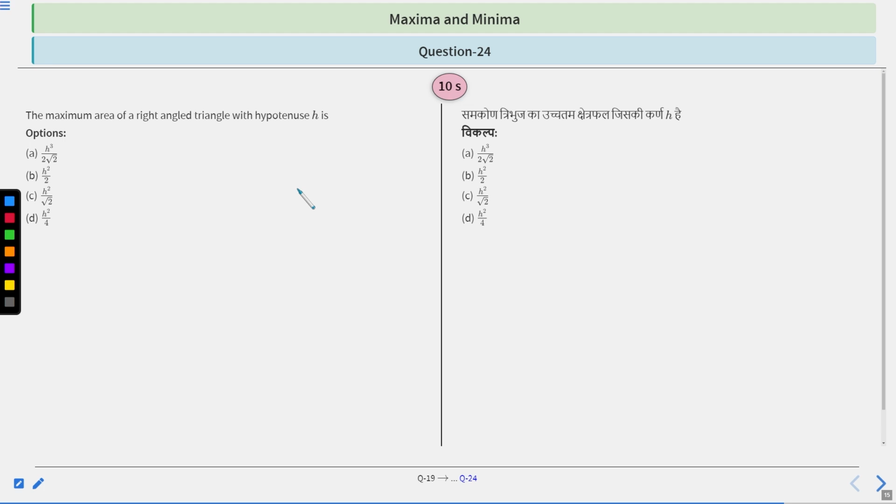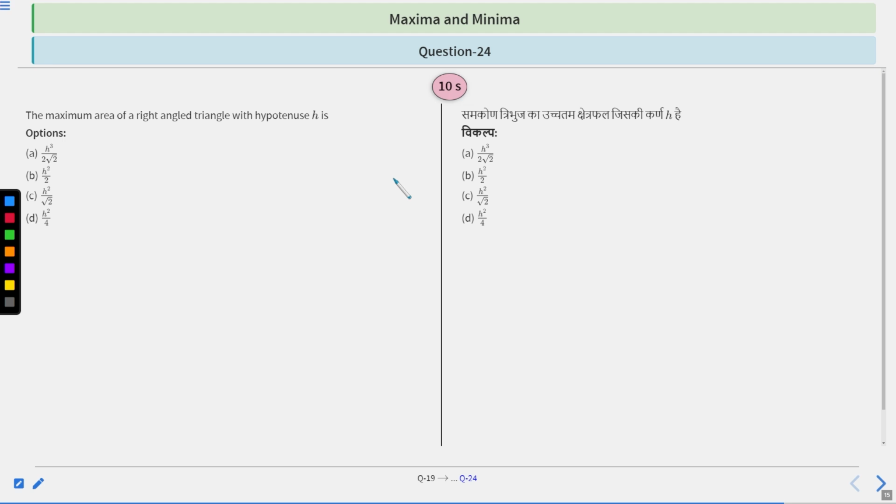Now we can differentiate throughout to get dy by dx, right? Now we will find the critical points in terms of h, because h is given.